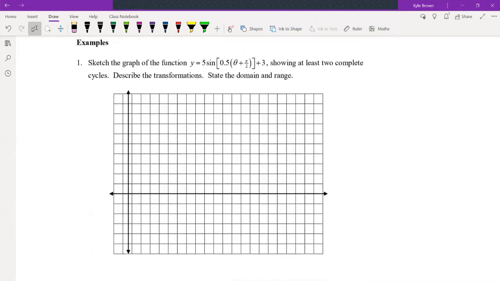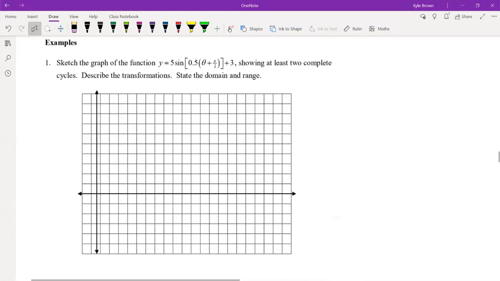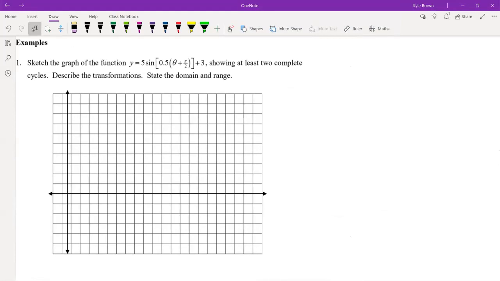So this one just says simply sketch the graph of the function y is equal to that mess, showing at least 2 complete cycles. Describe the transformation, state the domain and range. All right, so in order to sketch this one, we again need to compare it to the base function.